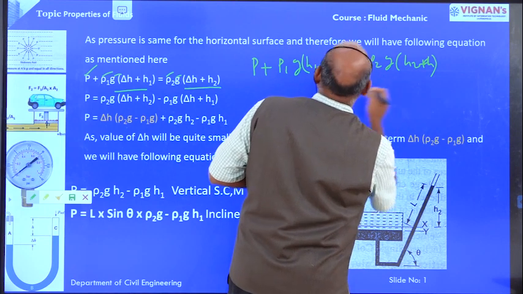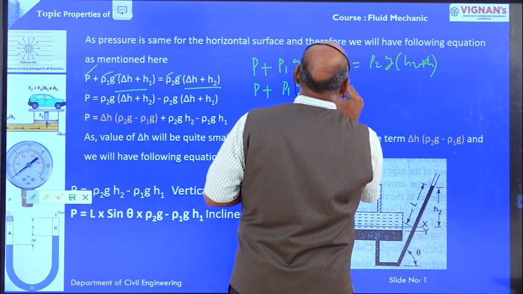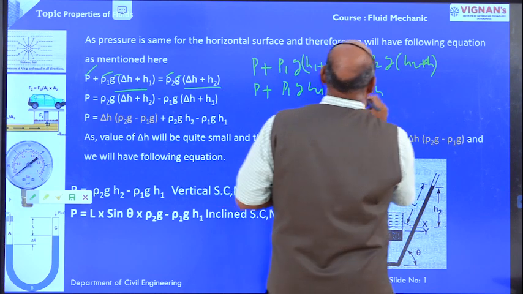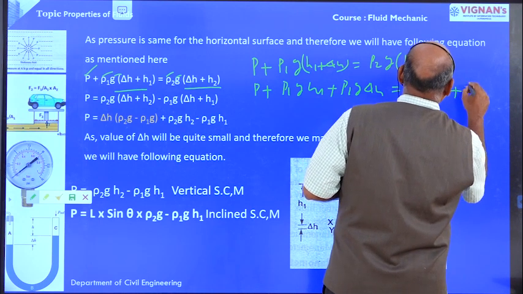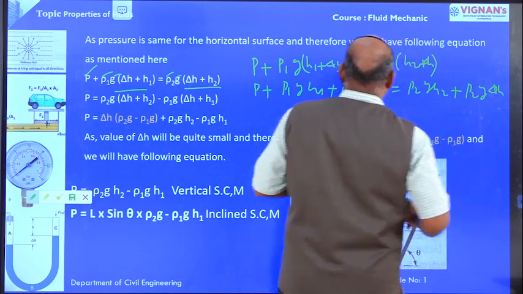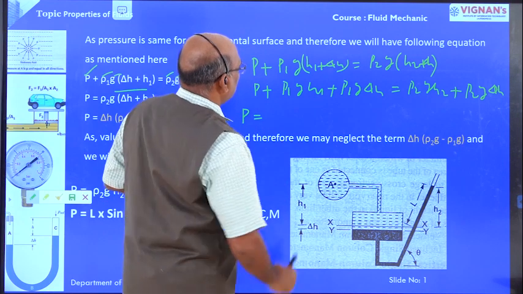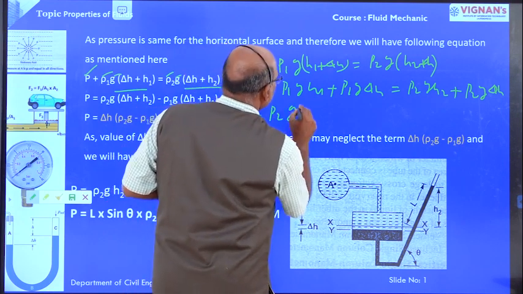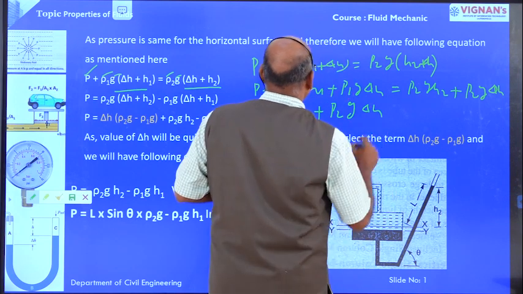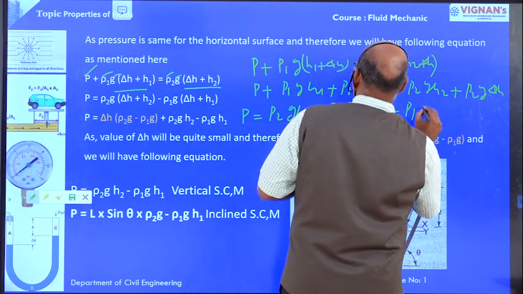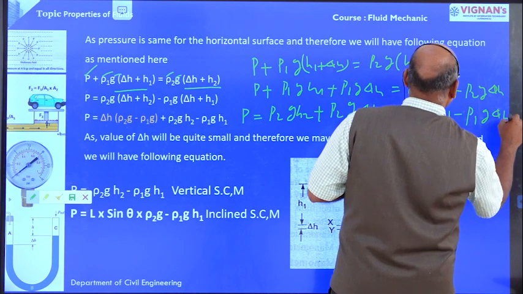Expanding, PA plus rho 1 G H1 plus rho 1 G delta H is equal to rho 2 G H2 plus rho 2 G delta H. Therefore, pressure at point A is equal to rho 2 G H2 plus rho 2 G delta H minus rho 1 G H1 minus rho 1 G delta H.